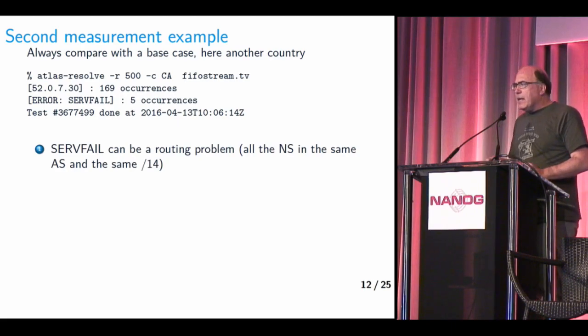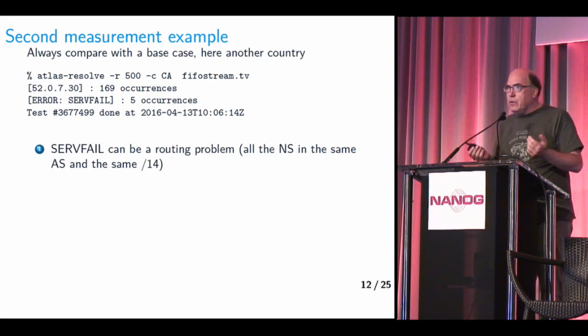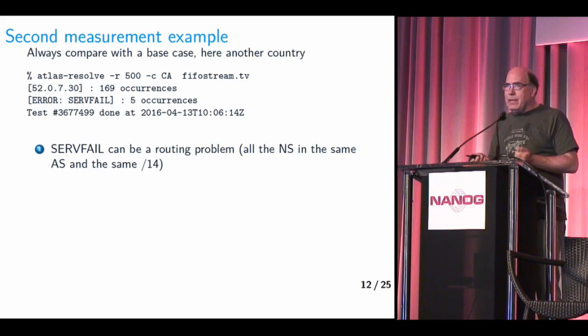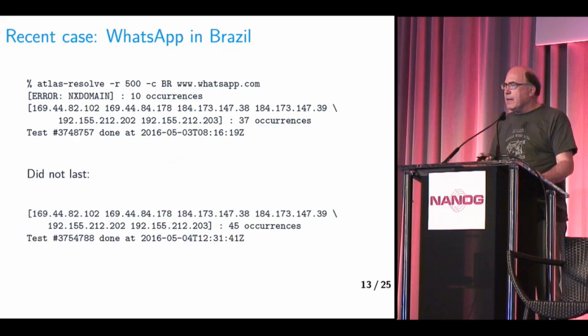The SERVFAIL can be a routing problem. In the case of this domain, all the name servers are in the same AS, which is bad practice, and worse, in the same /14, so any routing problem can take down all the servers, which can explain the SERVFAIL. But censorship itself is country-specific, so the localhost or NXDOMAIN are DNS lies. That cannot be something else.